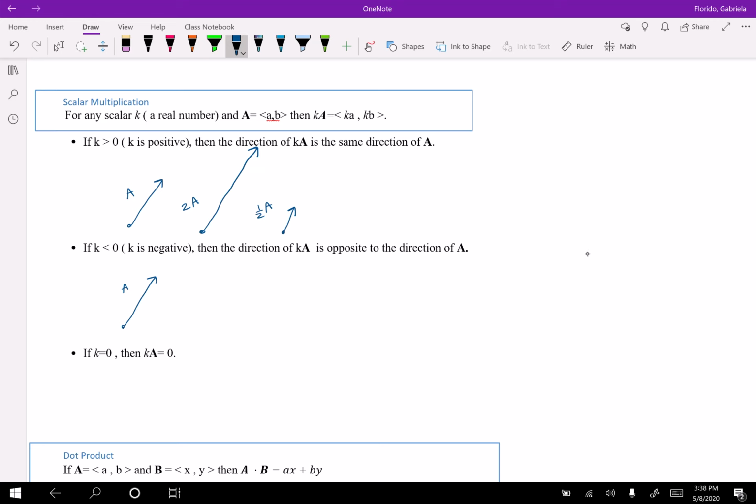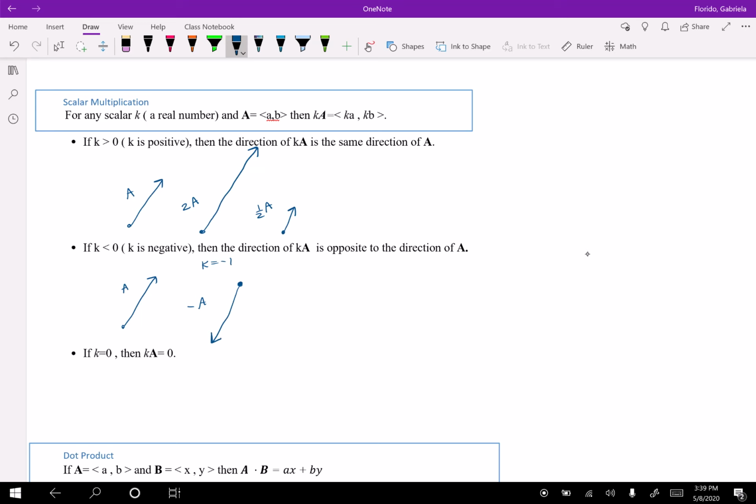So let's suppose that here k is equal to -1. And so we're going to have negative A, and now the direction is going to go opposite of vector A. And so it still has the same magnitude. It's not affecting its magnitude because I'm just multiplying by a negative. So it's going to go the opposite direction.